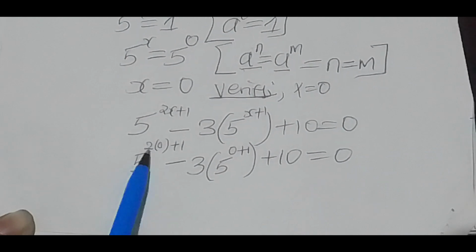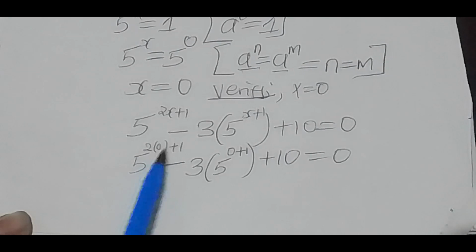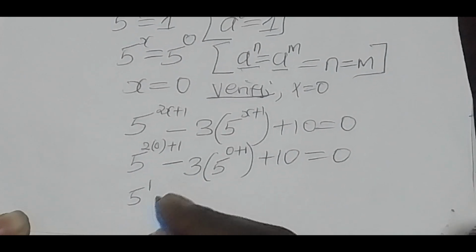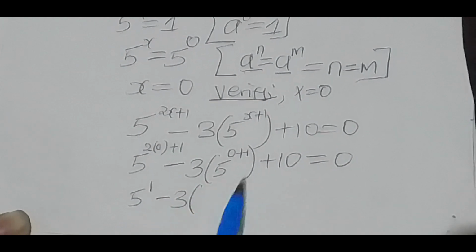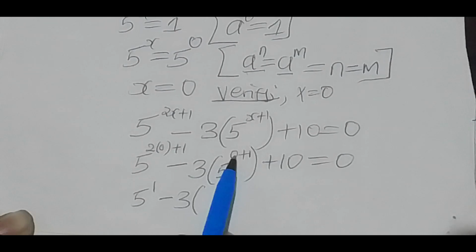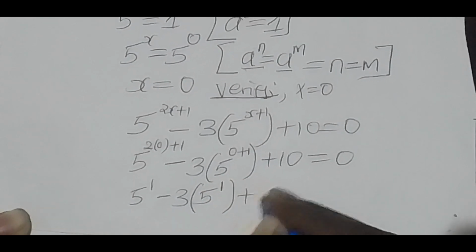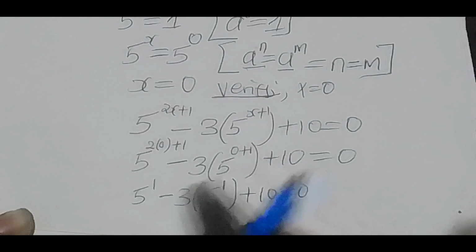If you say 2 times 0, you'll have 0 plus 1. You are going to have 5 raised to power 1 minus 3 into the bracket, this is 5 raised to power 0 plus 1, this is again 5 raised to power 1, plus 10. This is supposed to give us 0.